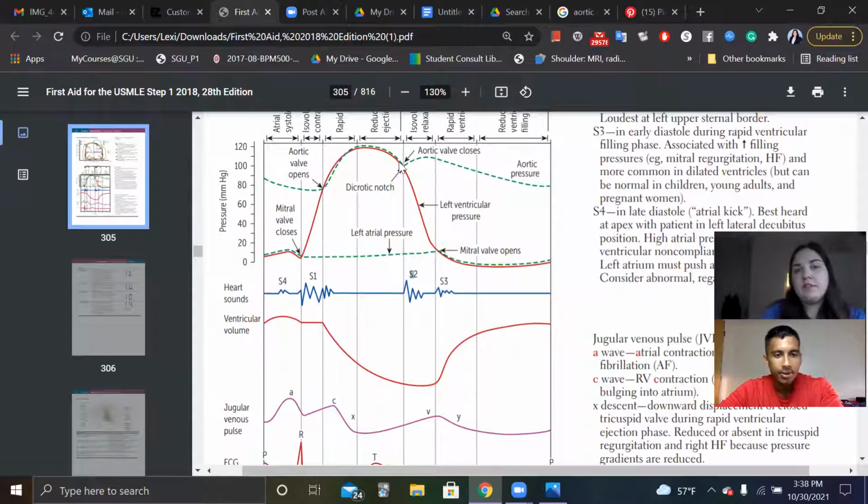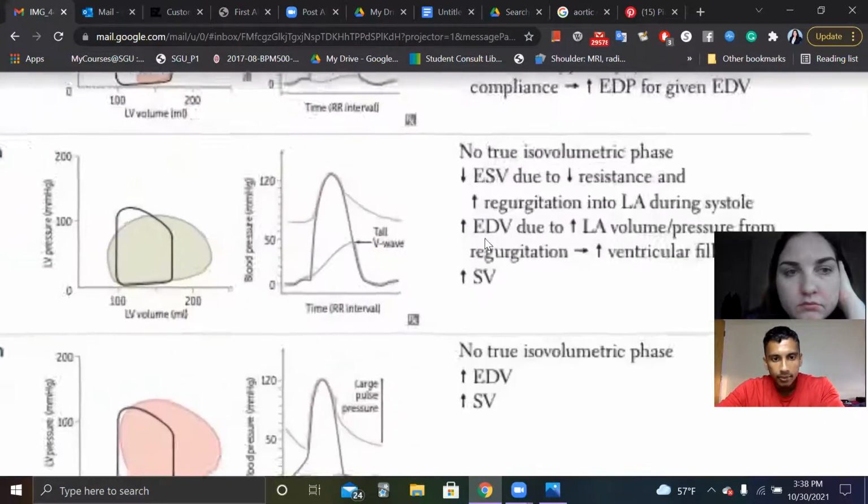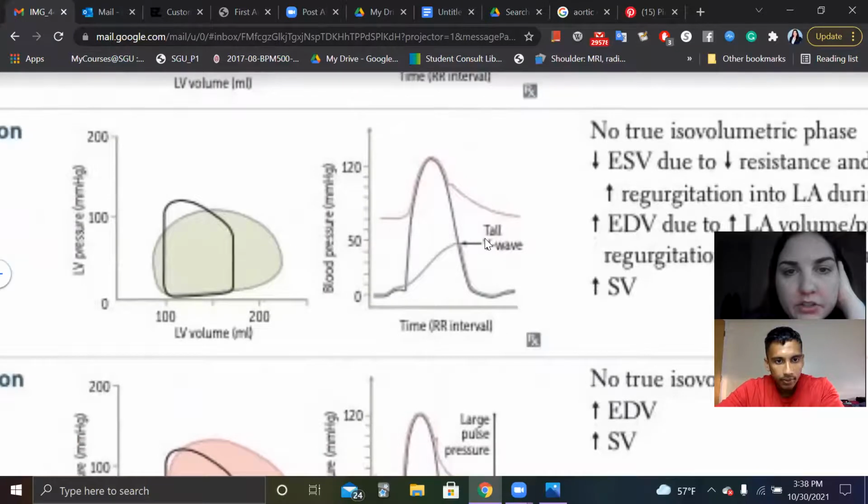Same thing, the aortic valves are a top. I say aortic a top because then I can remember that the A's are up high. We're going to see this top line affected with the aortic murmurs. We're going to see these bottom lines affected with the mitral murmurs. So aortic a top. So if we go back to that picture, mitral regurg.